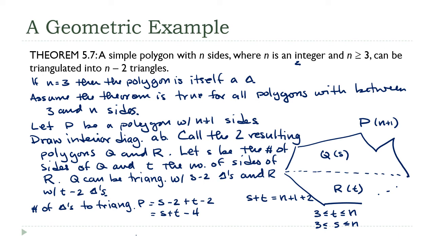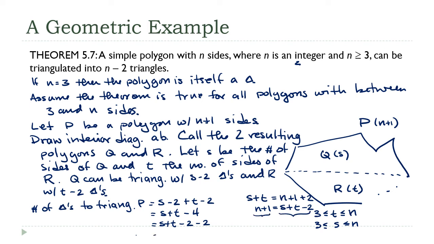All right. Now, here's what I want you to notice. This means that n plus 1 is equal to S plus T minus 2. Now come back over here to my count of the number of triangles I needed. S plus T minus 4 is S plus T minus 2 minus 2. And I know it may seem a little odd, but look, S plus T minus 2 is n plus 1.